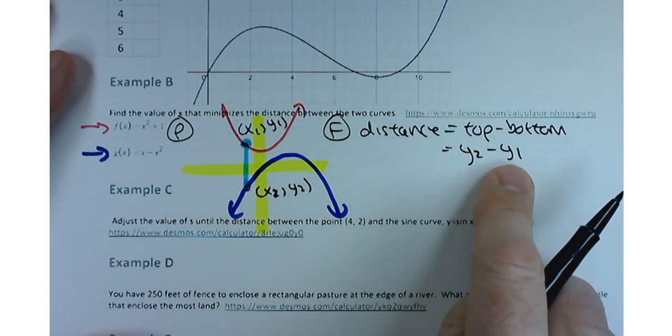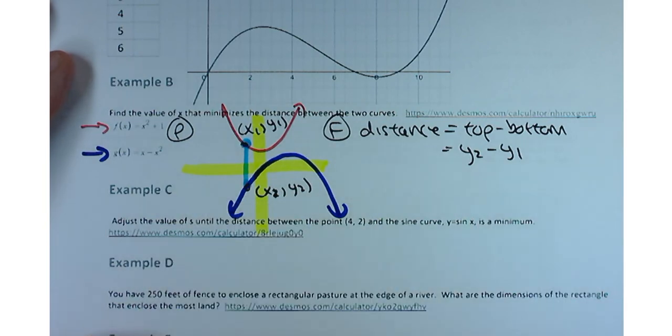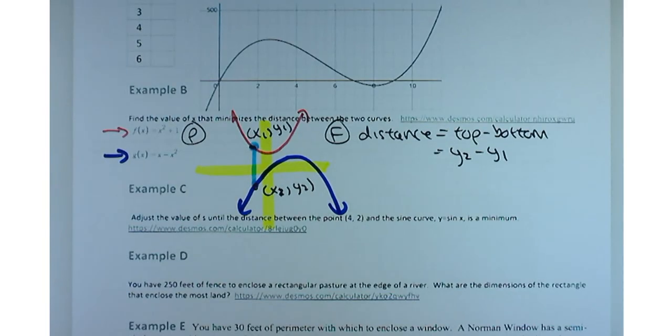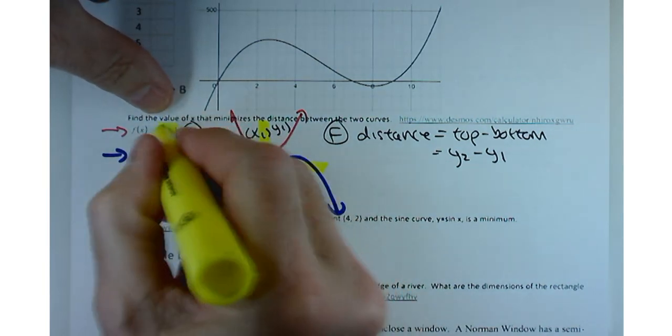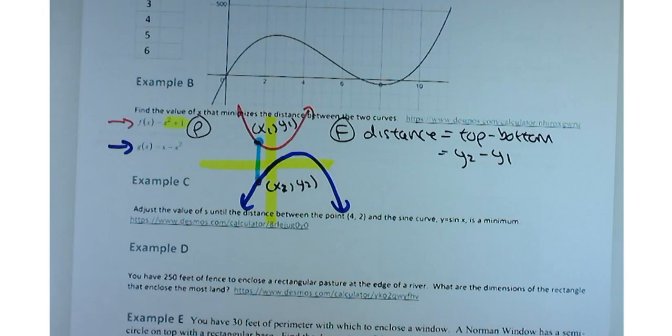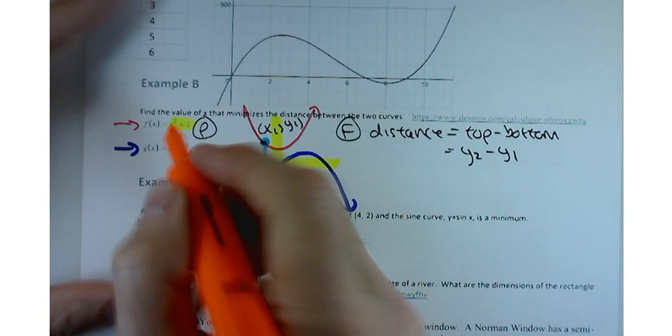And that's not really a function of one variable yet. But what we can do is remind ourselves that y1 is this function, x squared plus 1, and y2 is the other function, x minus x squared.